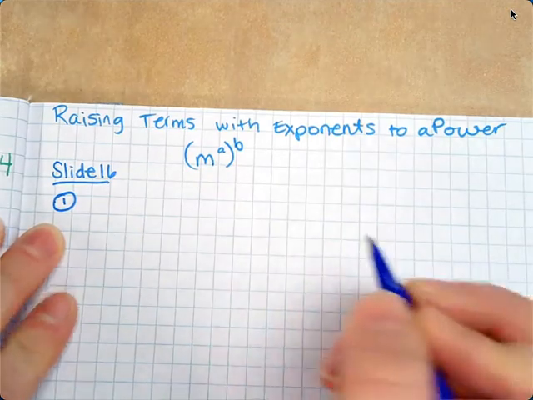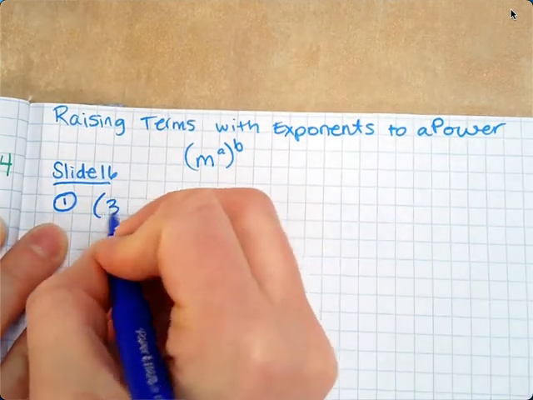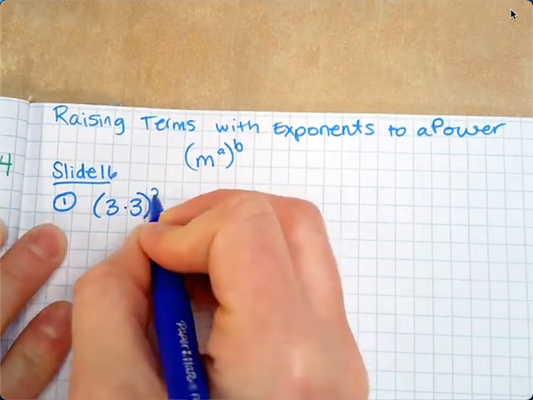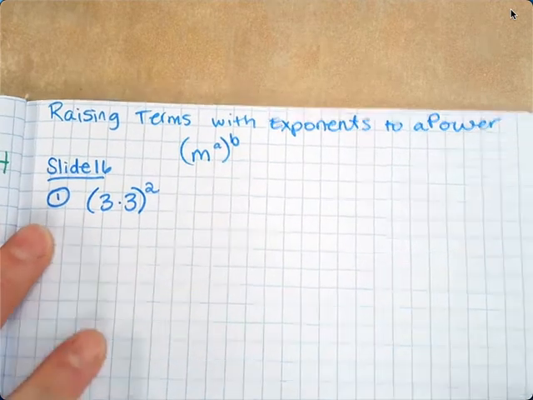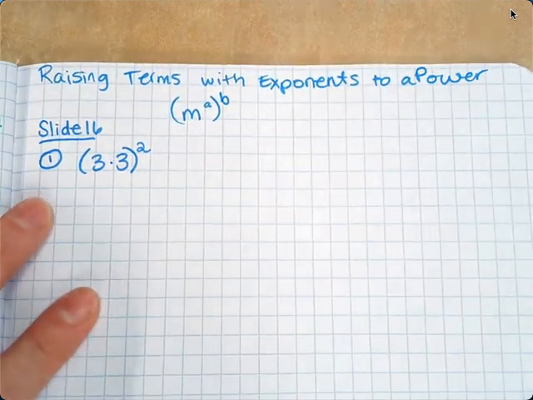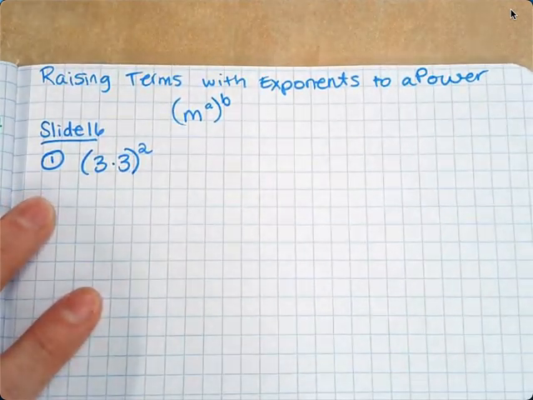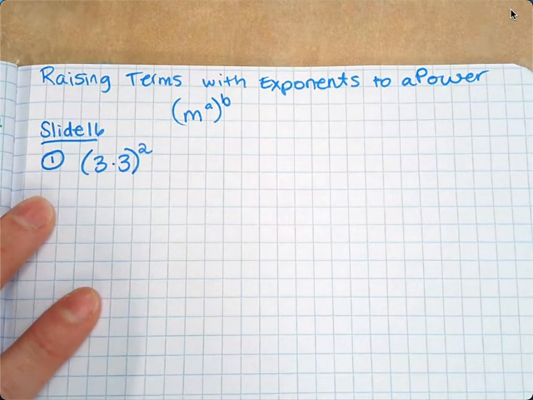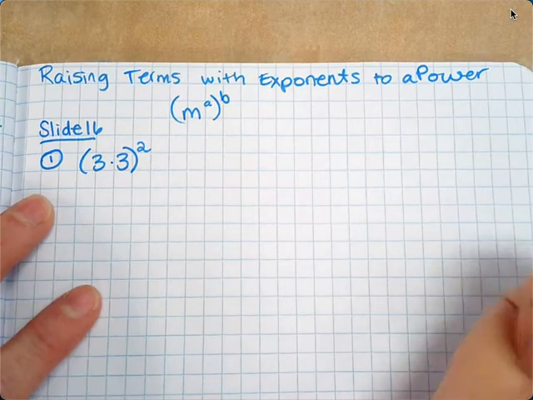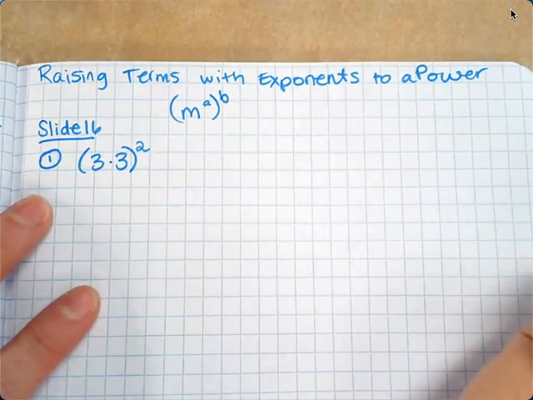First problem is 3 times 3 to the second power, in parentheses and squared. So what does order of operations tell us to do first?